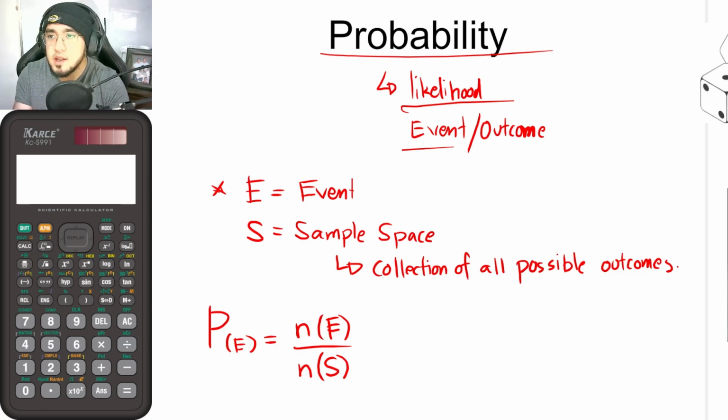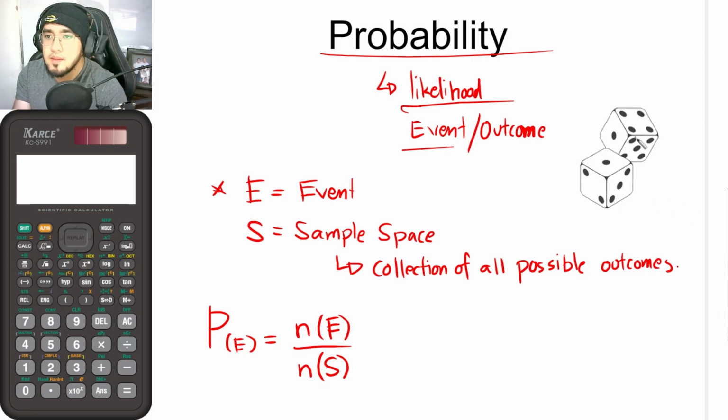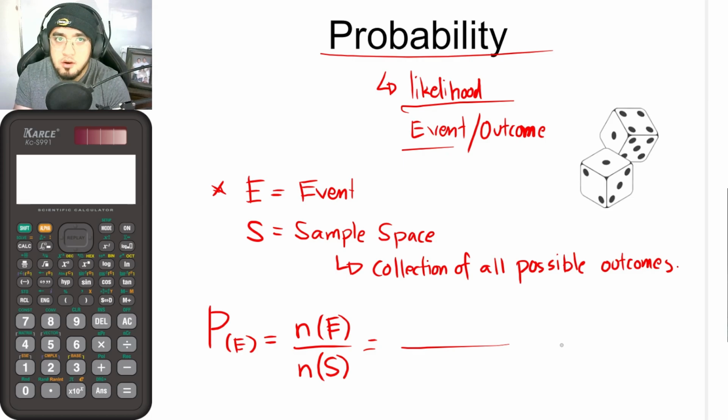Suppose that we have, once again, dice. For example, you are solving for the probability that, when rolling the dice, you will get the number 4.